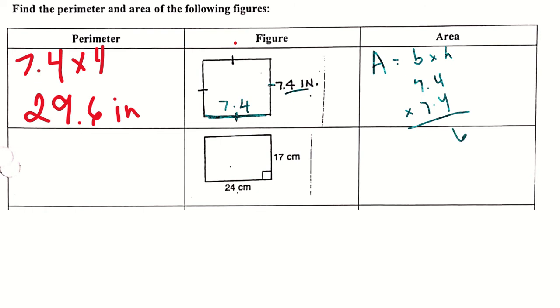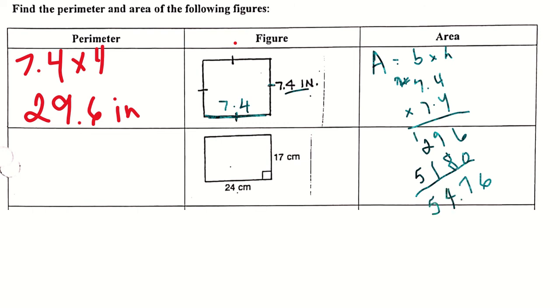Let's work this out. 16, 28 plus 1, that's 29. 28, 49 plus the 2, that's going to be 51. 17, 4, 5.